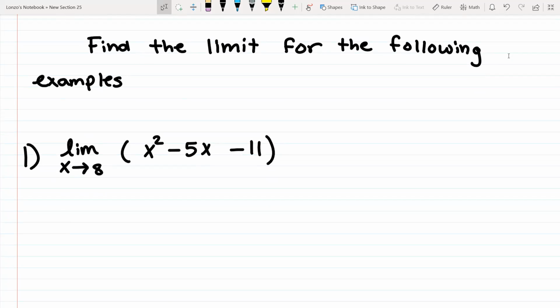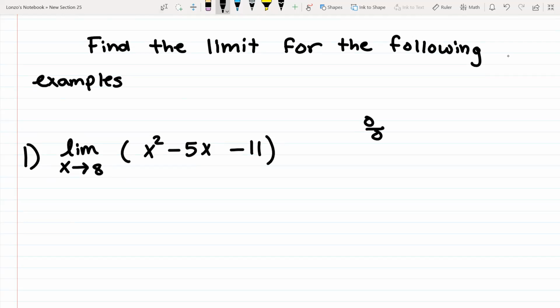We've got to find the limit for the following example. Number one says find the limit as x approaches 8 of the polynomial x squared minus 5x minus 11. What I would always do is try, you don't want to get 0 over 0, right? That's our goal.